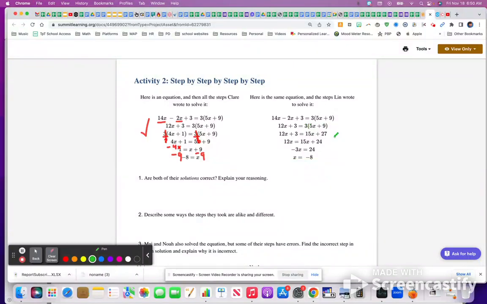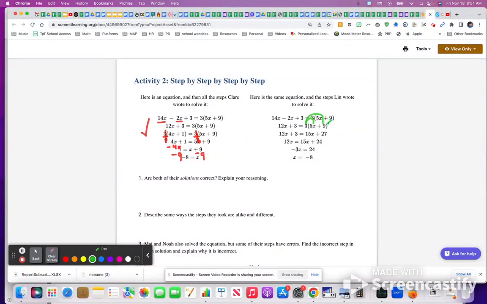And then her second step, instead of factoring out this 3 like Claire did, she decided to use the distributive property and multiply 3 times 5x and 3 times 9. So 3 times 5x is 15x, 3 times 9 is 27. So now she has 12x plus 3 equals 15x plus 27.